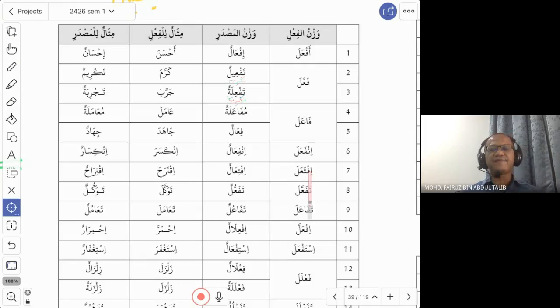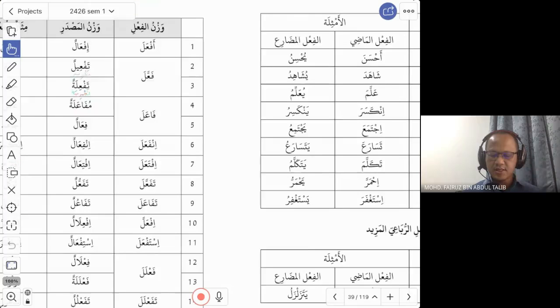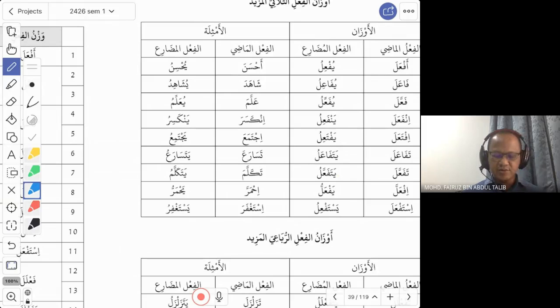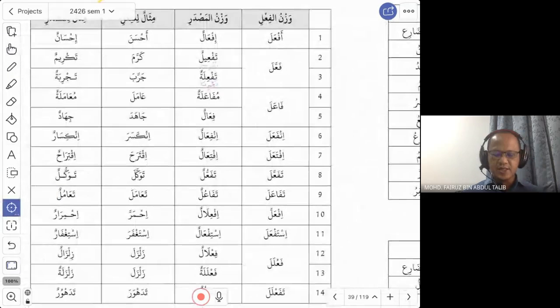The next fi'il is ifta'ala. The mudari for ifta'ala is yafta'ilu. So you add the masdar to the table. The masdar is ifti'alun, ifti'al. The last sign depends. In some books, they use ifti'alun with a dhamma.